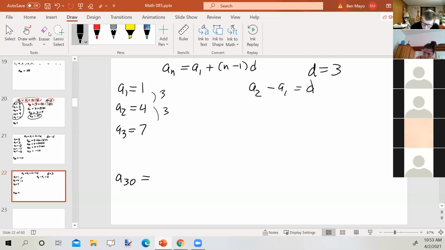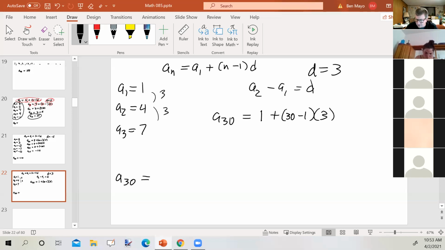Now, we know a sub 1. We know the common difference, and we also know n. For a sub 30, we would get a sub 1, which is 1, plus n minus 1. N in this case is 30. N is always the subscript of the number you're trying to find, minus 1 times the common difference, which is 3.